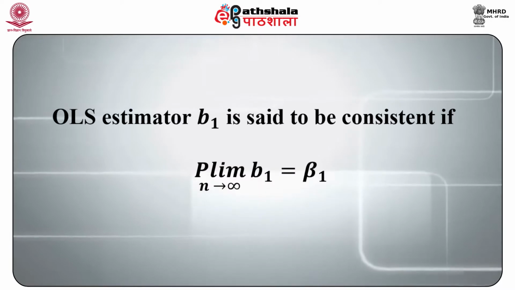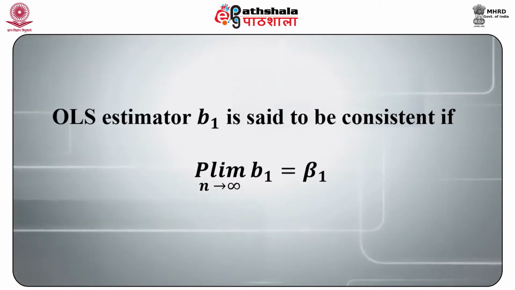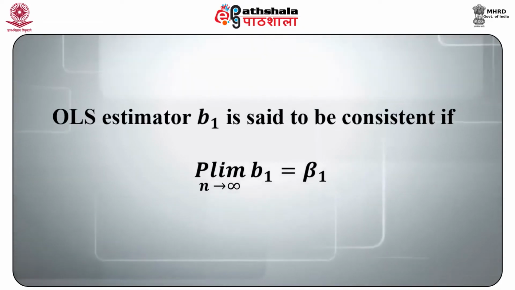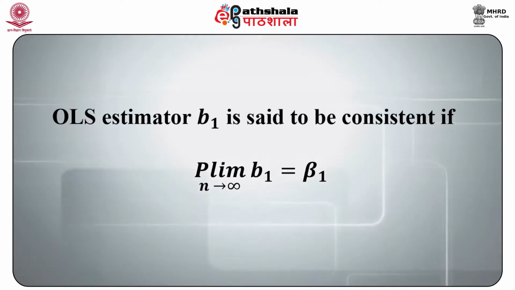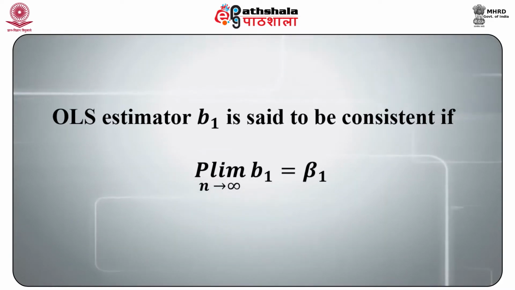So by consistency we basically mean that as the sample size tends to infinity, the density function of the estimator collapses to the parameter value. So an OLS estimator b1 is said to be consistent if probability limit of b1 for n tending to infinity is equal to beta 1.